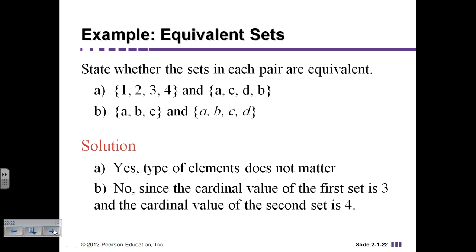But the second example, ABC and ABCD, are not equivalent, even though they have similar elements. The first example has a cardinal number of 3, and the second one has a cardinal number of 4, so they are not equivalent.